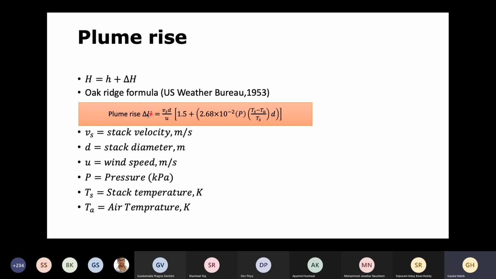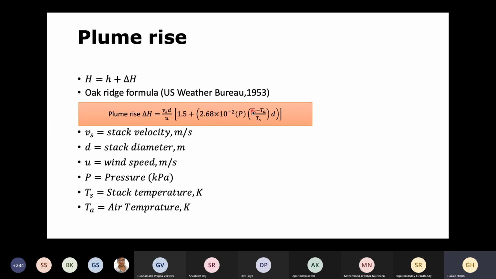So plume rise can be calculated using the stack velocity, d the diameter of the stack, u the horizontal wind speed, and 1.5, 2.68, which are all constants. P is the pressure inside in kilopascal. TS, TA, and R, the temperature of the stack or flue gas.